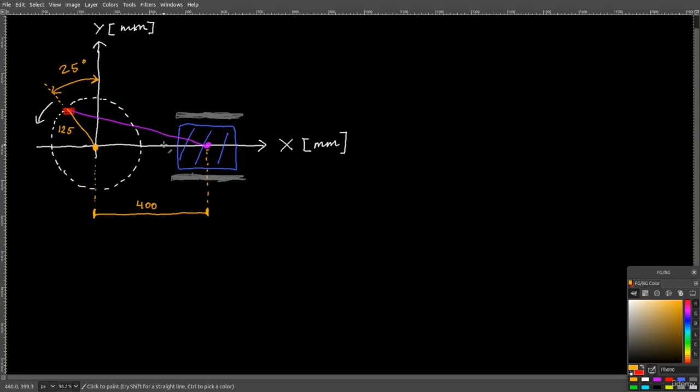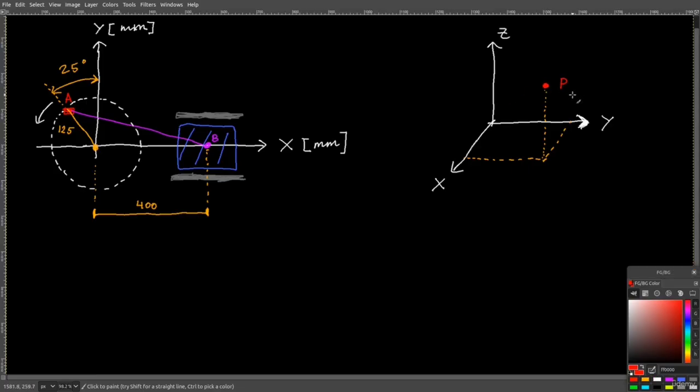And so, using this information, you have to find the length of this purple line. Let's call this point A, and let's call this point B. It turns out that there is an easy way to do it. Let's say that I have an XYZ coordinate frame. And in that frame, I have a point in space called P. I can represent the position of that point with a vector.